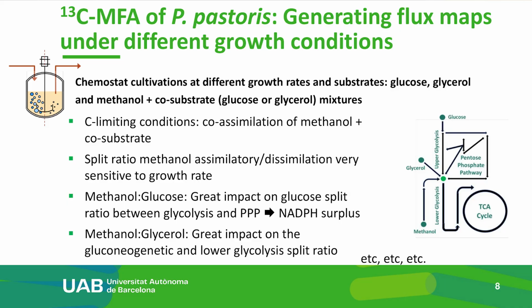But you could also see a big impact of methanol on glucose assimilation, particularly in the split ratio between glycolysis and the pentose phosphate pathway. With methanol, more glucose goes to the pentose phosphate pathway, but you don't get more biomass, so it means you get a sort of NADPH surplus.